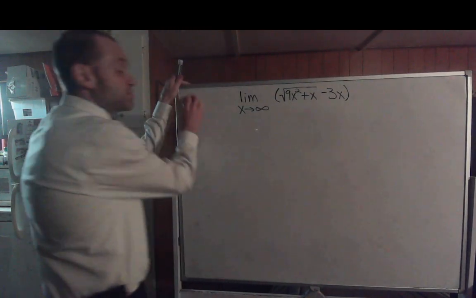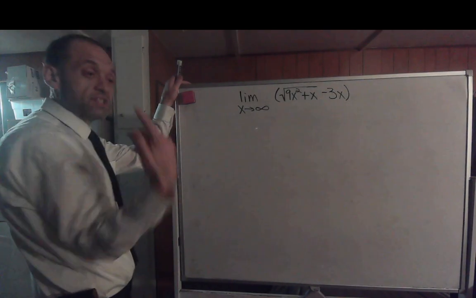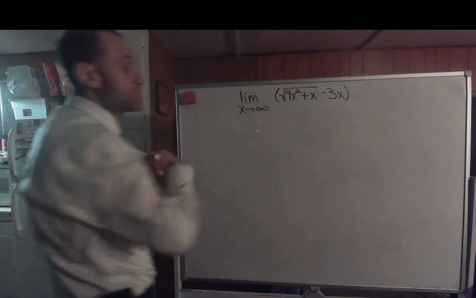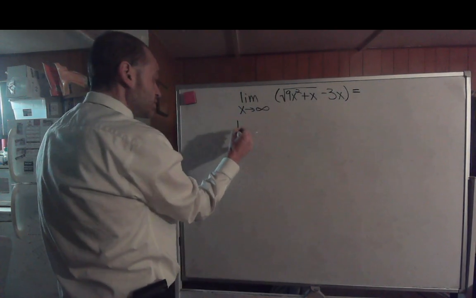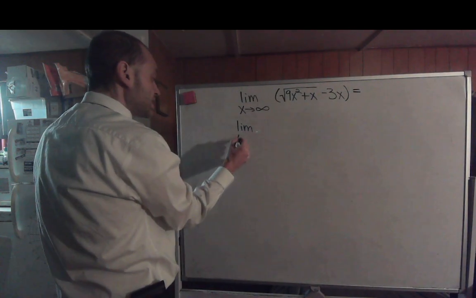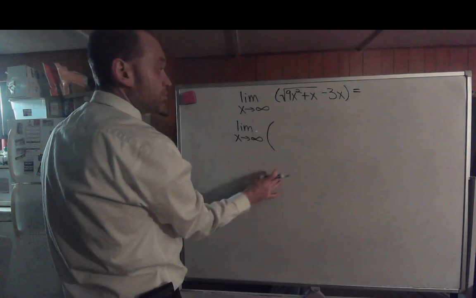Well, it goes back to when we did limits earlier in the course. We can still use the conjugate method. So let's go ahead and break out the conjugate method. Let's take the limit as x approaches infinity, and then let's form the conjugate.